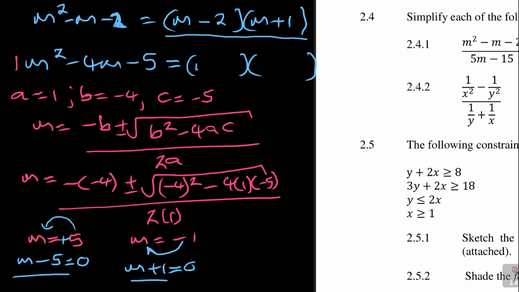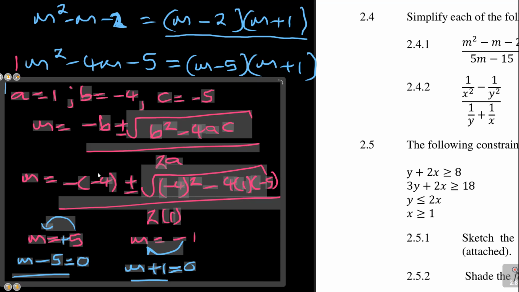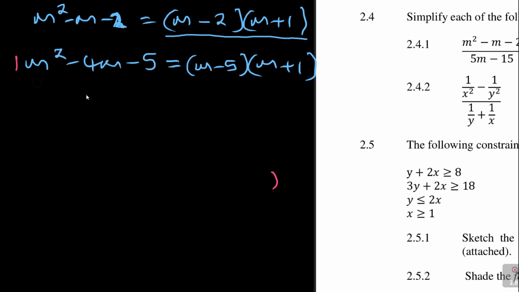Then that's what you write, m minus 5 and m plus 1. Then it becomes solved. So if you are good and fast at doing the quadratic formula, then it becomes not a problem at all. The problem is when you take time to solve that. Just be good with your quadratic formula.